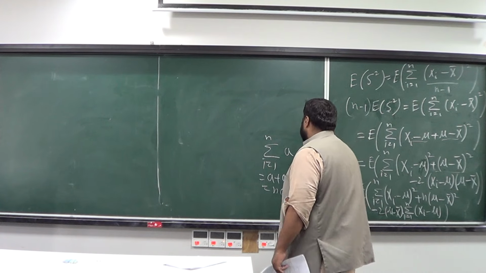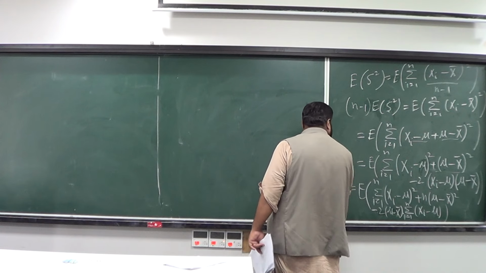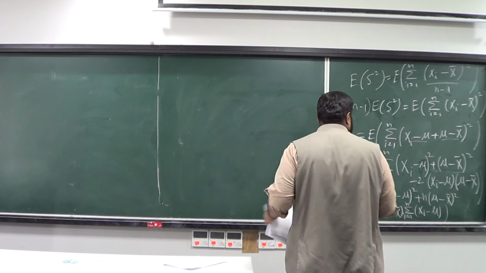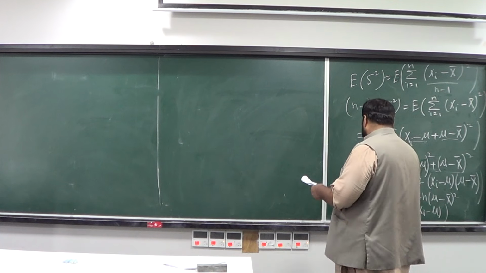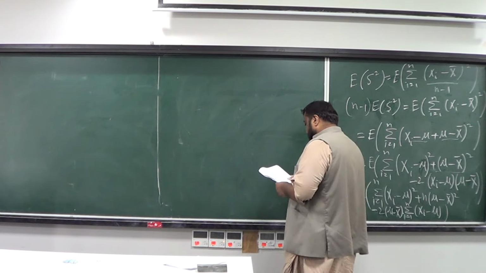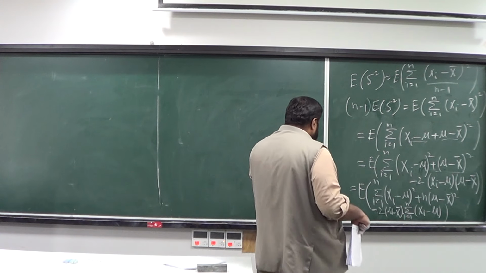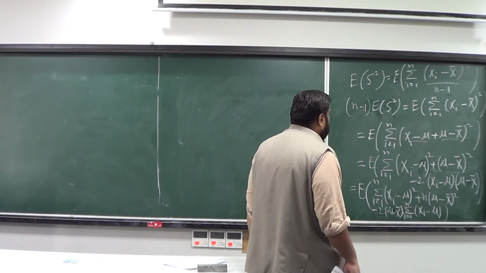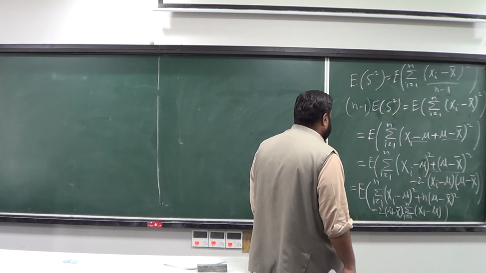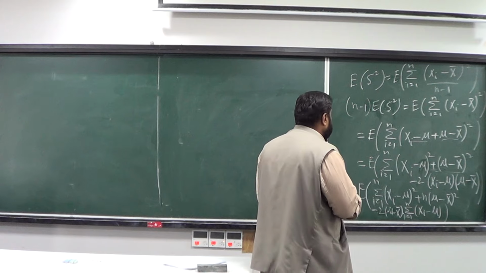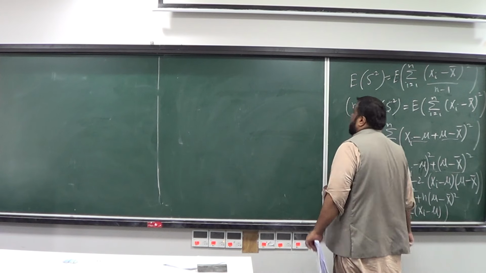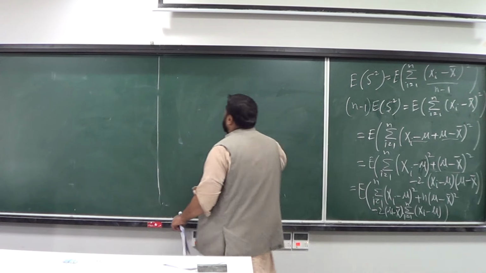So if I simplify it a bit more, what would be this sum? In this sum, I can, for example, multiply and divide things by n.